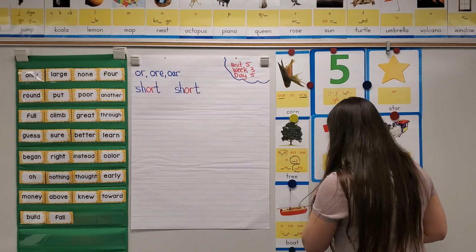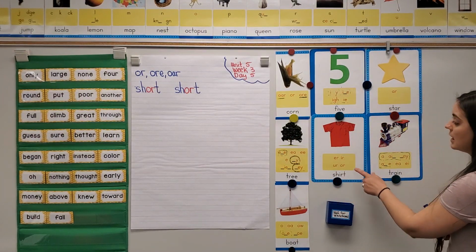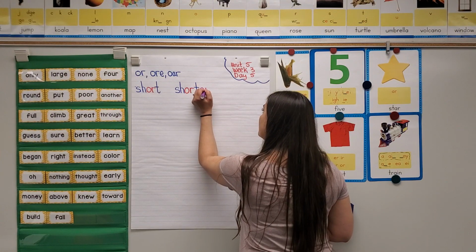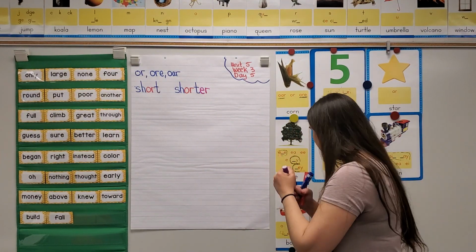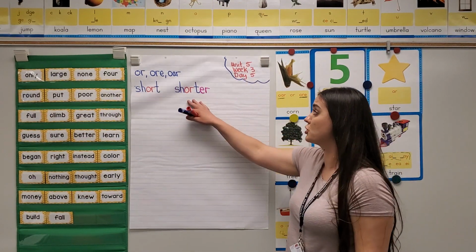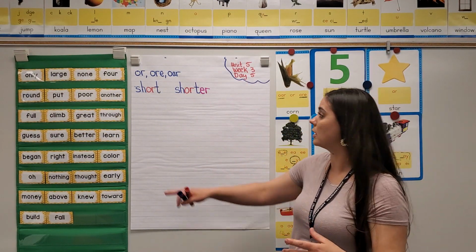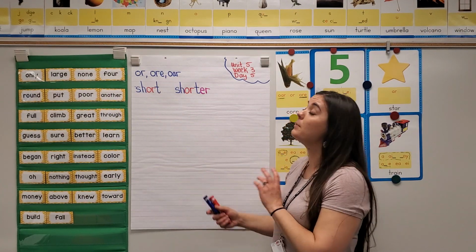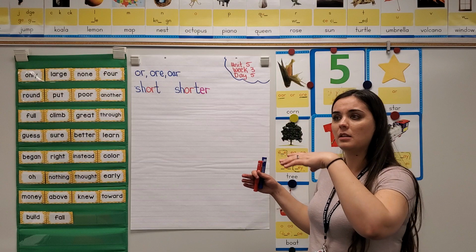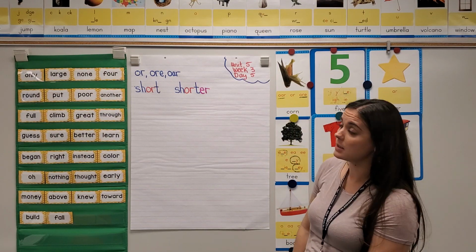And I'm going to add the shirt card, spelled with E-R. And that just means that it's varying degrees of short. So something that is shorter is smaller or shorter than short. It may not be the shortest, which might mean that out of three things, the shortest is the smallest one.